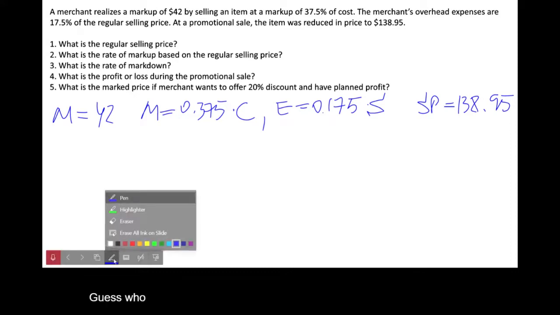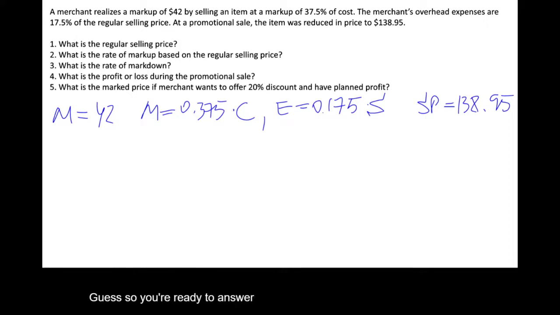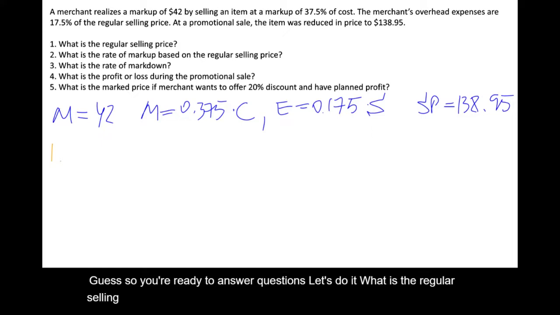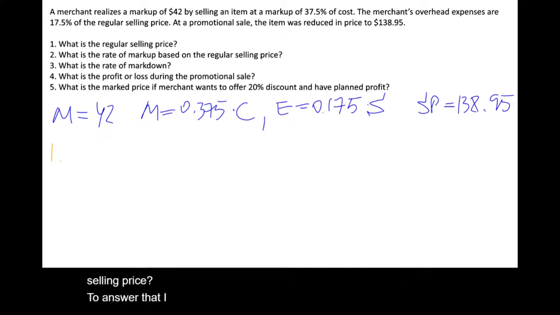Okay, so we're ready to answer questions. Let's do it. What is the regular selling price? Well, to answer that, I need cost. So cost can be found as markup over MC, right? So markup is 42 over 0.375.